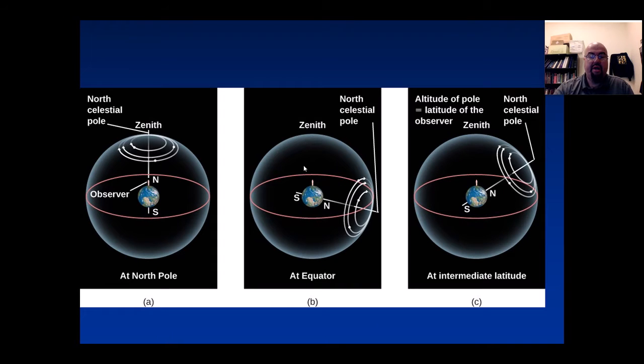Now, what I want to show here is what happens when you have the differences. If you were on the pole, the point directly overhead would be the zenith, and that would match up with Polaris at 90 degrees declination. And all the stars would appear to circle around that. One of the things you're going to note there is the altitude of those objects doesn't change, but the azimuth does.